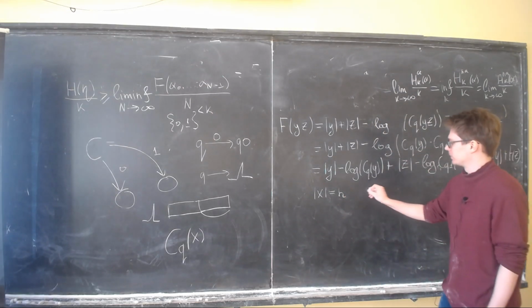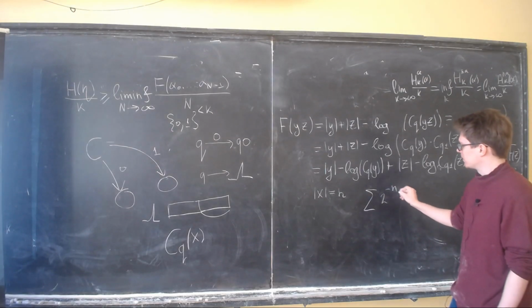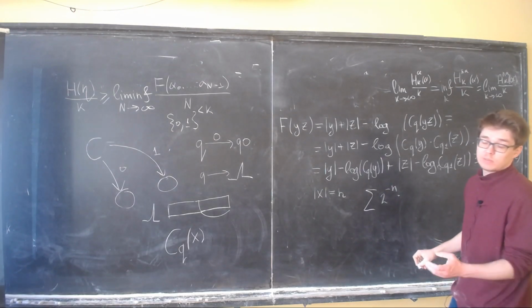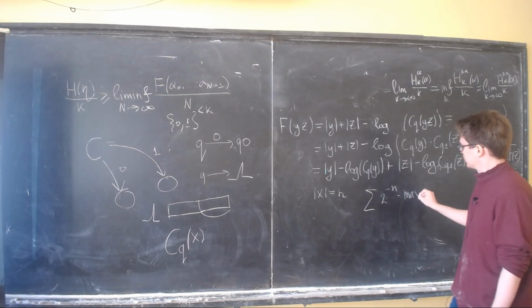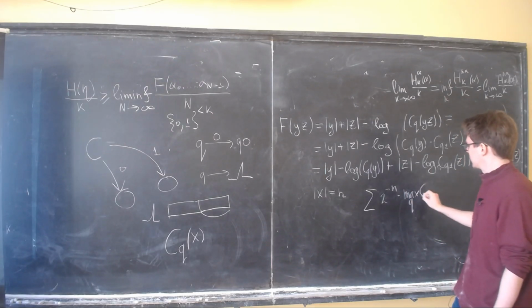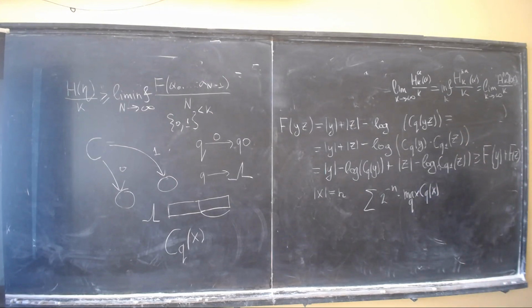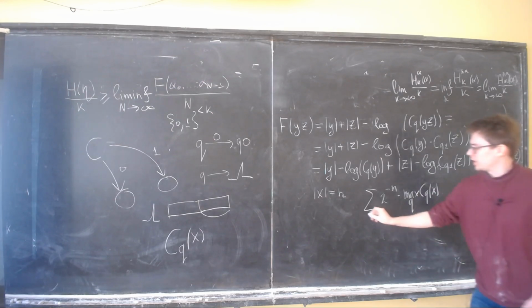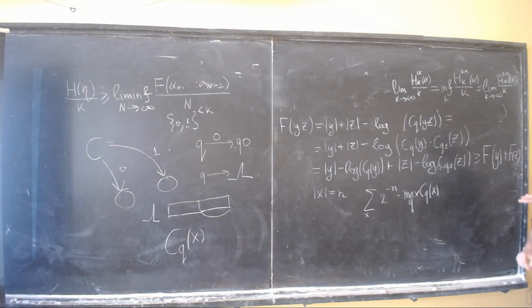So we have 2 to the minus n, multiplied by the capital, by the maximum over all states of the capital. And the sum over all x of this length. So I can upper bound the maximum by a sum.